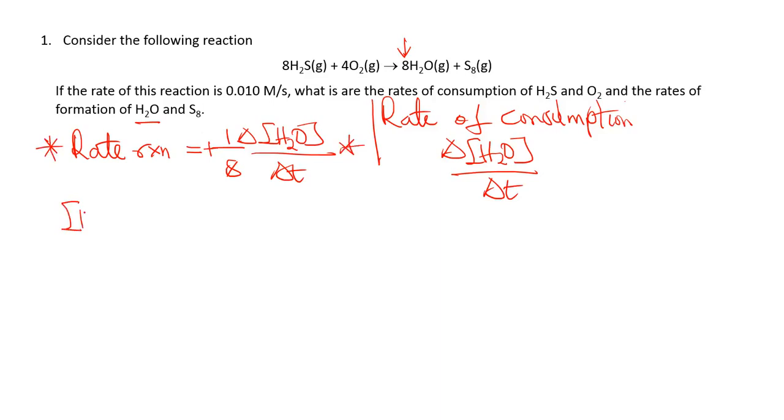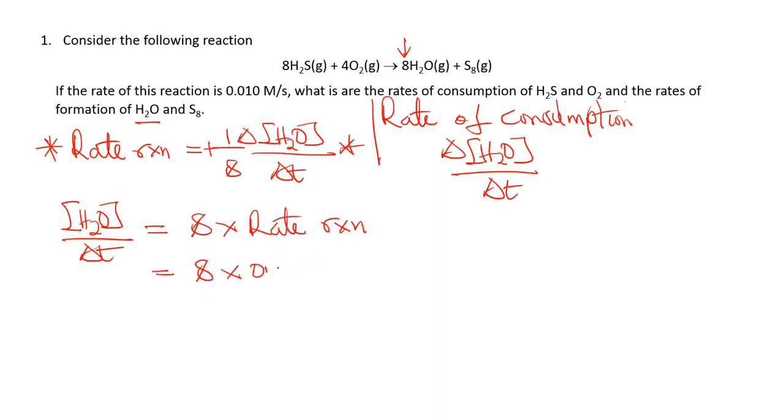So if we use this formula here, we say the rate of formation of water is equal to 8 times the rate of reaction. And we know that that is 8 times 0.010 molar per second, which is equal to 0.080 molar per second.